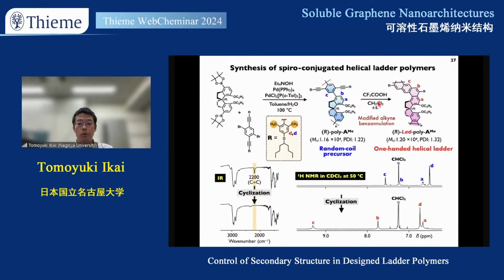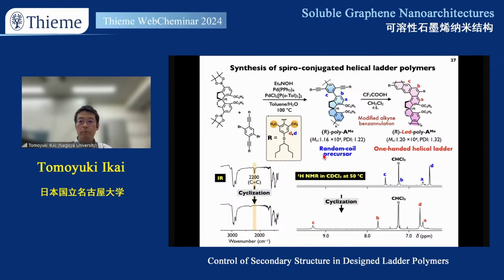We then applied this modified alkyne benzannulation to the synthesis of the spiro-conjugated helical polymers. To this end, we designed and synthesized this precursor polymer containing the chiral spiro unit by Suzuki coupling copolymerization of these two monomers.